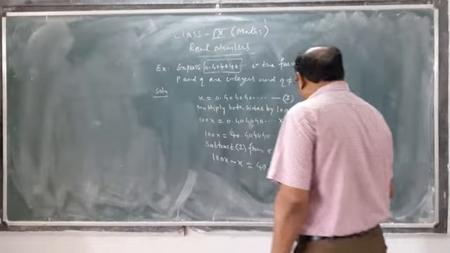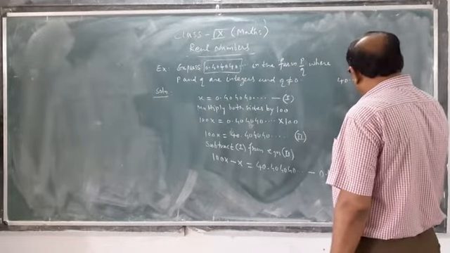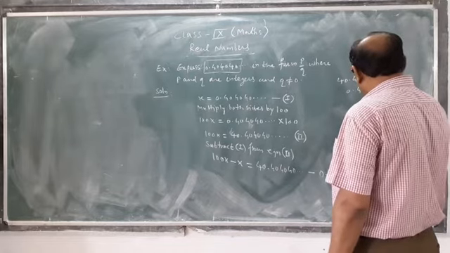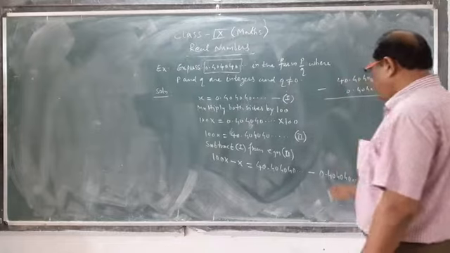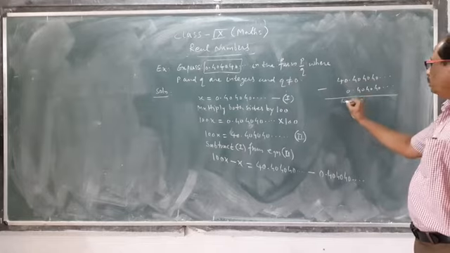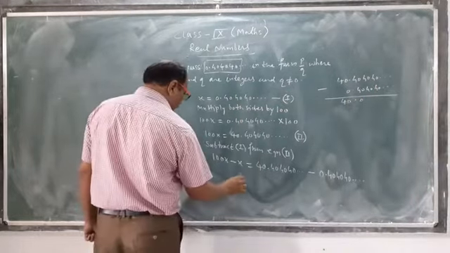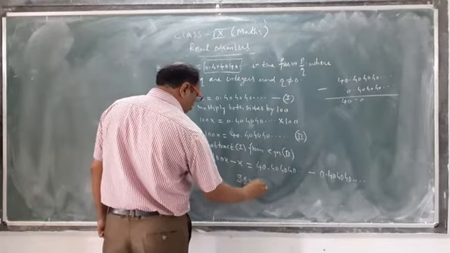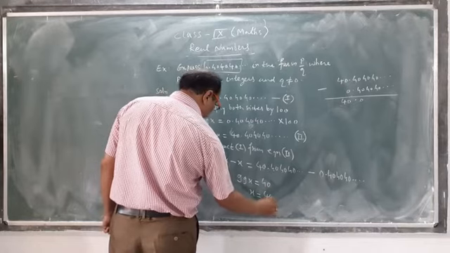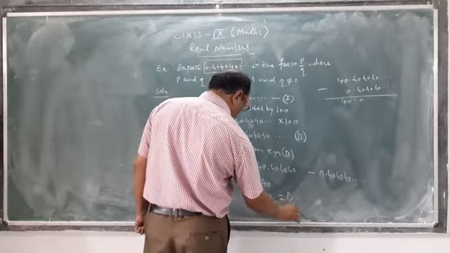After subtraction, 99x is equal to 40. Therefore x is equal to 40 upon 99.